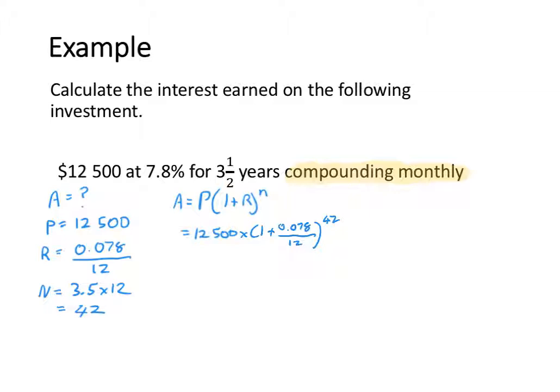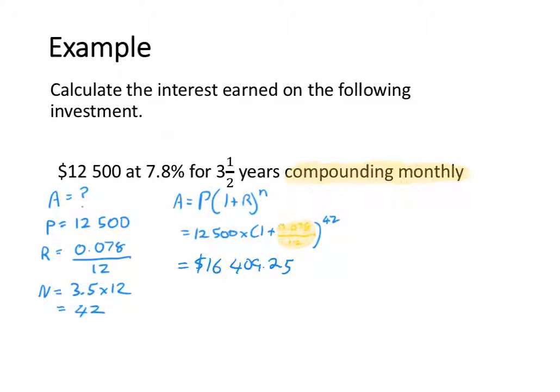Now, when I'm doing this calculation, I leave the interest rate as a fraction over 12. So that means when I put it into the calculator, I'm getting the most correct value for that calculation. So when that is entered into the calculator, you get an answer of $16,409.25.